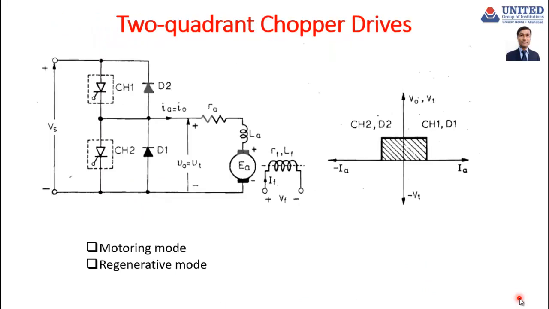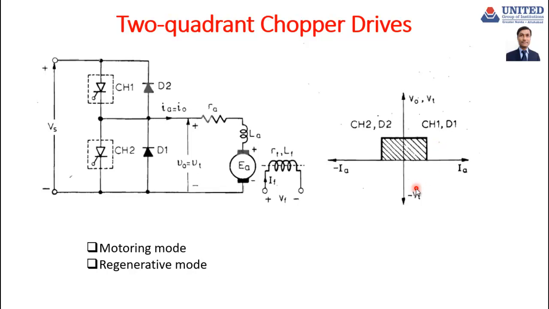Now let us see the two quadrant chopper drives. This circuit shows the two quadrant chopper drive circuit. For the motor mode operation, the DC to DC converter or chopper fed DC drive operates in first quadrant, where both the armature voltage and armature current are positive.